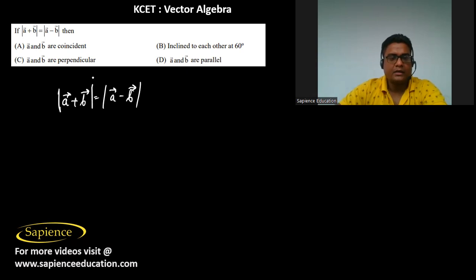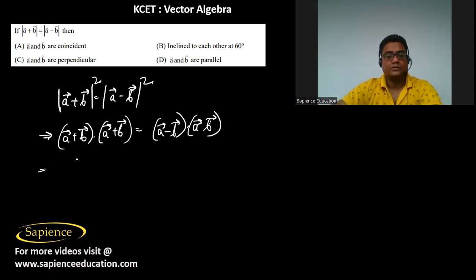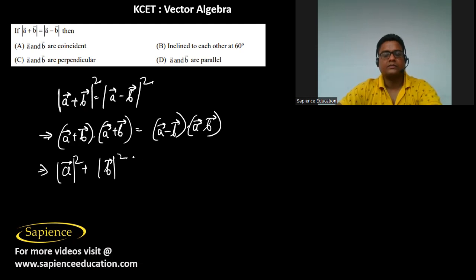So now we can take square on both sides. So therefore I can tell this will be a plus b dot a plus b is equal to a minus b dot a minus b. So therefore this will be equal to magnitude of a square plus magnitude of b square plus 2 a dot b.